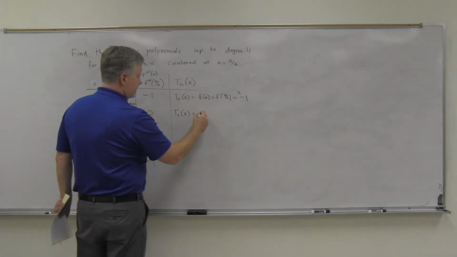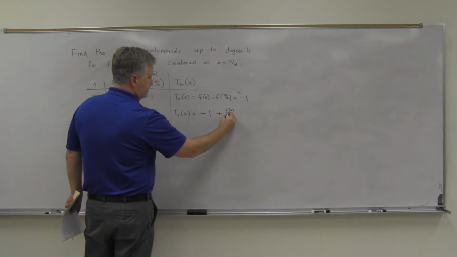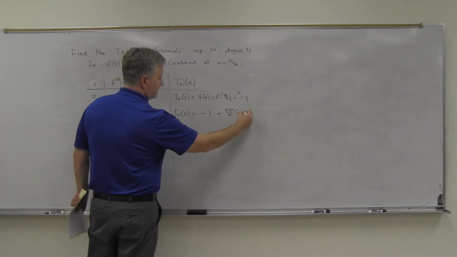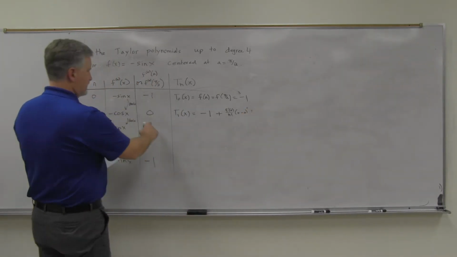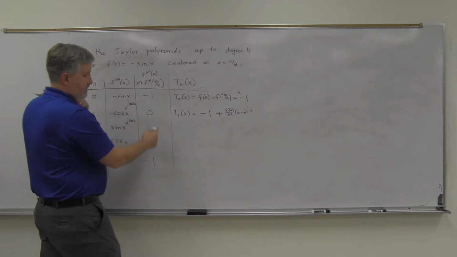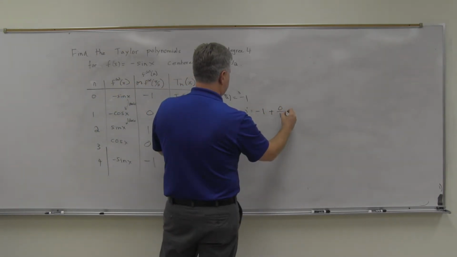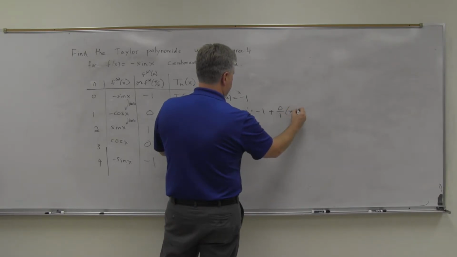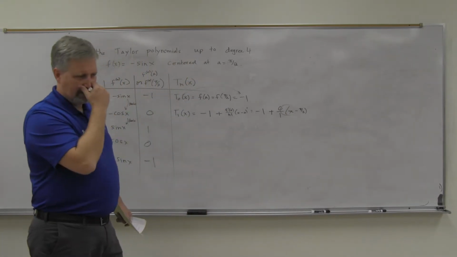So we take the negative 1 and add to that our first derivative at a over 1 factorial times x minus a to the first. Well, in this case, our first derivative at a is 0. So it'll be negative 1 plus 0 over 1 times x minus pi over 2, but that's really of no consequence because that's 0 anyway.